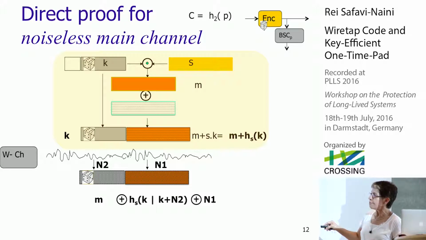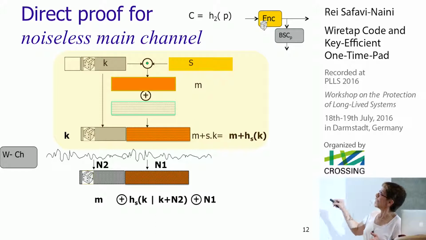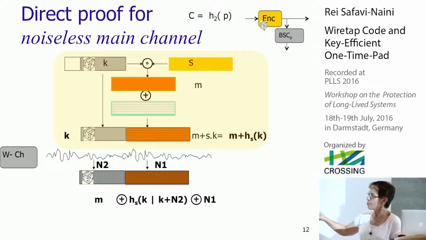The message is added with the H_S of K, which we had added to it. But now part of this K is revealed because we sent this key, so this is conditioned over this. And then this new N1 is added to this whole thing. So this is the view of the adversary.